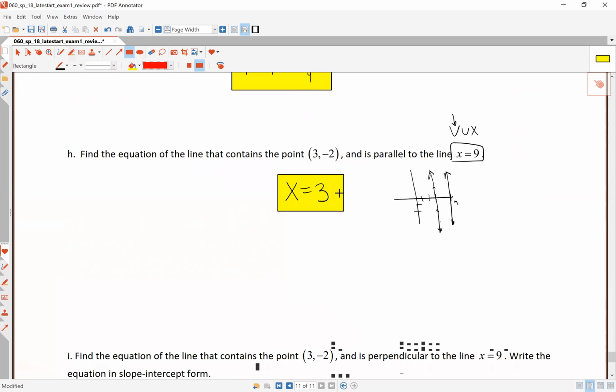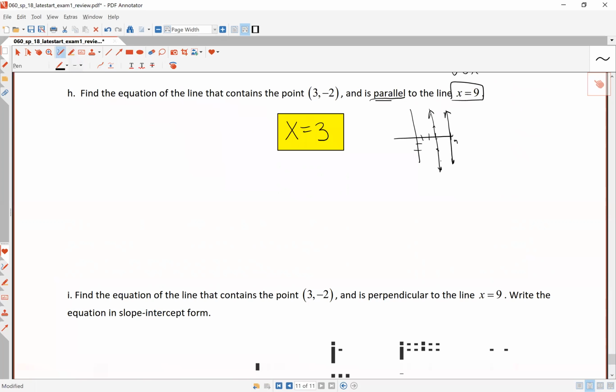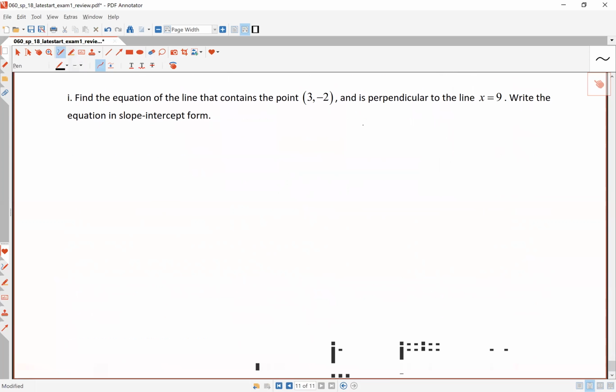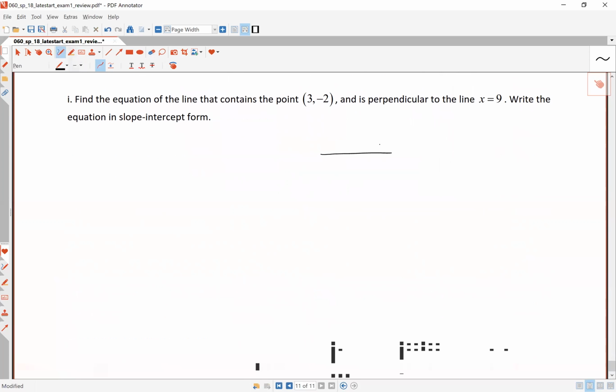So parallel to a vertical line is vertical. If we want the line perpendicular to x equals 9 this time, perpendicular to x equal to 9 is going to be a horizontal line through 3, -2.